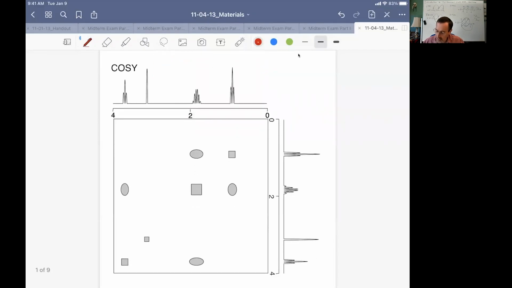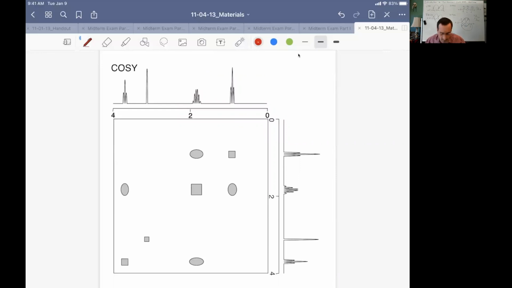The first thing I'd like to show you is that the actual HMQC spectrum is the square in the center. The spectra along the side are spectra that were taken separately and superimposed, so they're one-dimensional spectra.